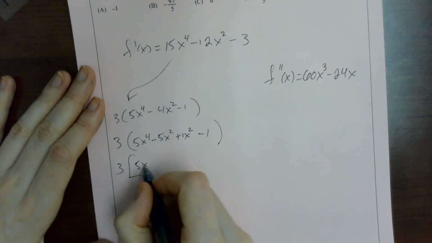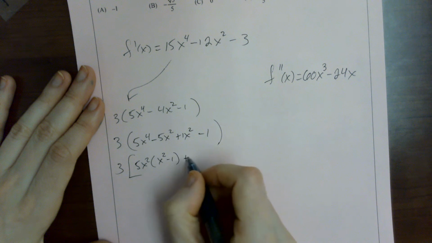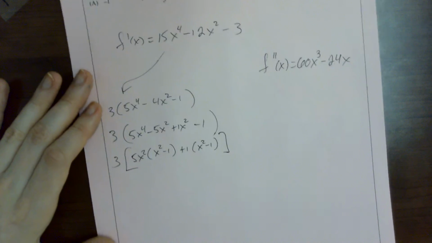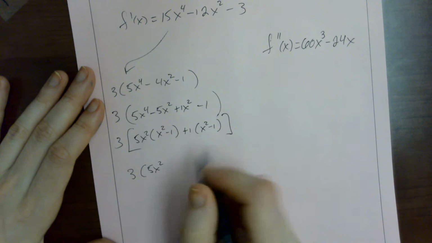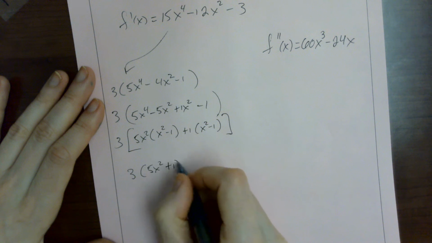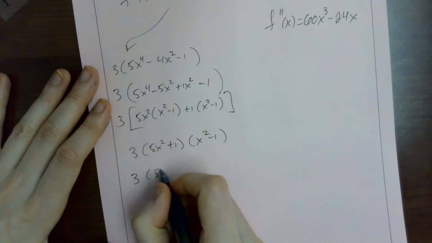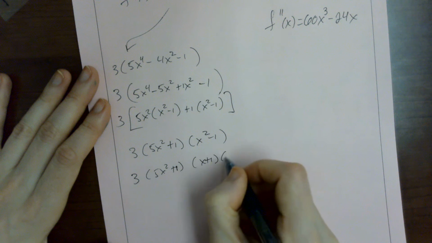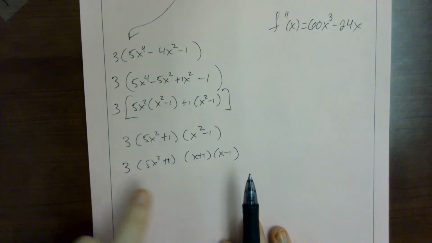So I'm taking out a 5x squared, x squared minus 1, plus 1, x squared minus 1. So 3, 5x squared plus 1, x squared minus 1, but then that one factors further.